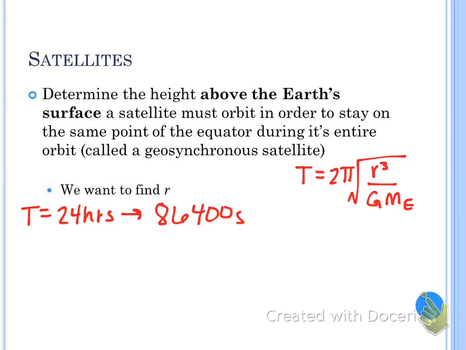So we have everything else we need in the form of constants, right? The only information that we needed here was how long it takes to make one path, and that tells us how far away from the Earth it is. Okay? So let's solve for it.